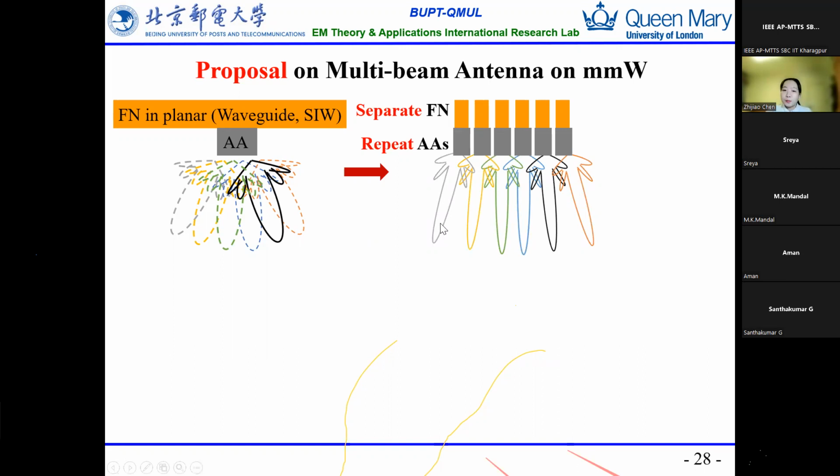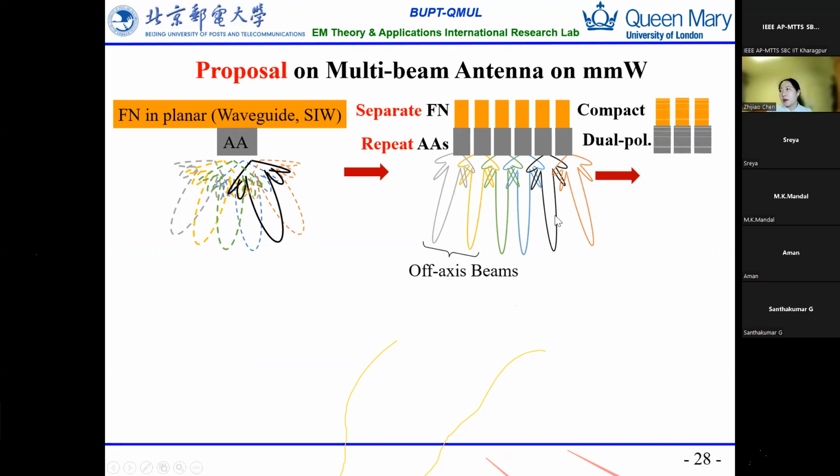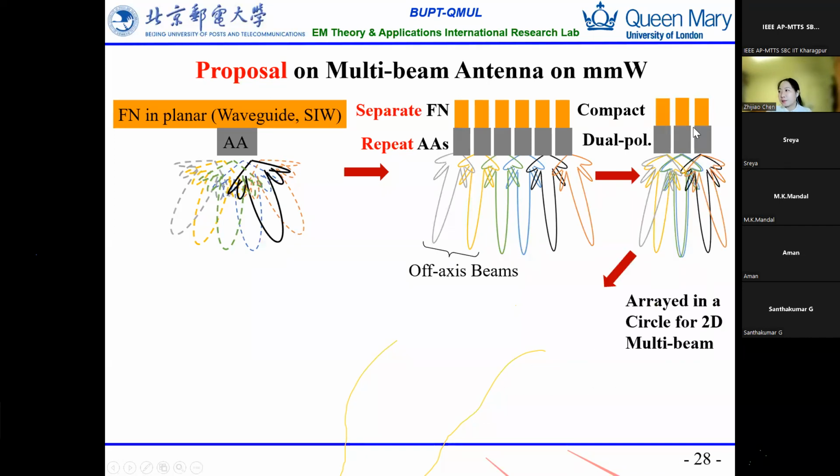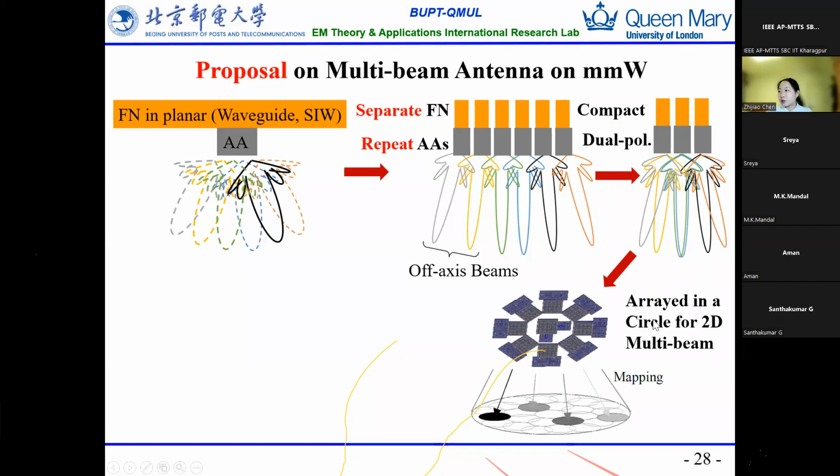And to make it more compact and low cost, we can combine two off-axis beams into one, and result in a compact dual polarized antenna like this. And to make it a 2D multi-beam architecture, we can arrange these antennas in a circle, and do 2D multi-beam mapping like this.